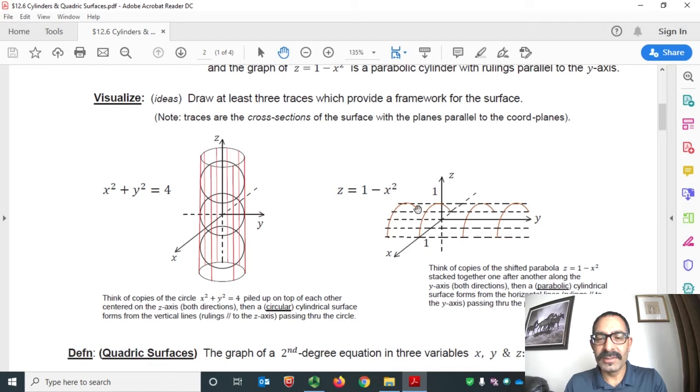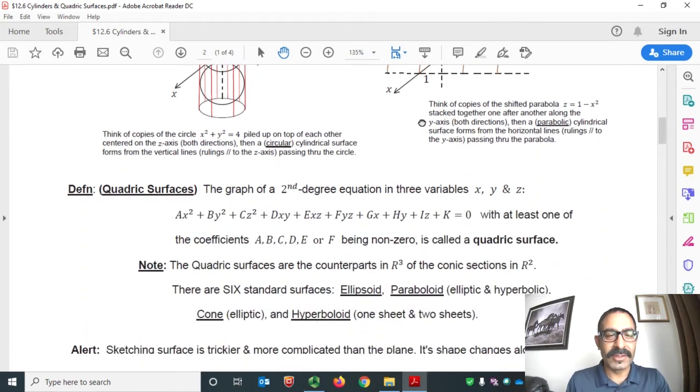So one here, and one here, and one here. And then this gives a cylinder, but this time it is a parabolic cylinder. So if you are visualizing, the shape looks like this shape here. I hope this makes sense to you all. Great. So now let's move on.